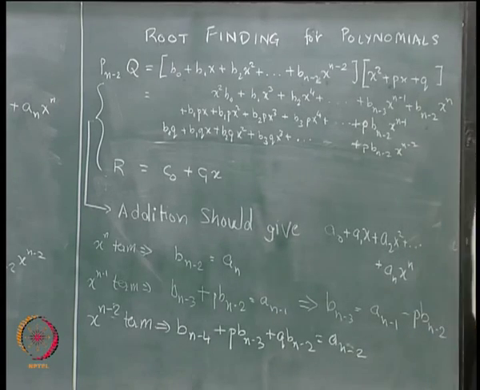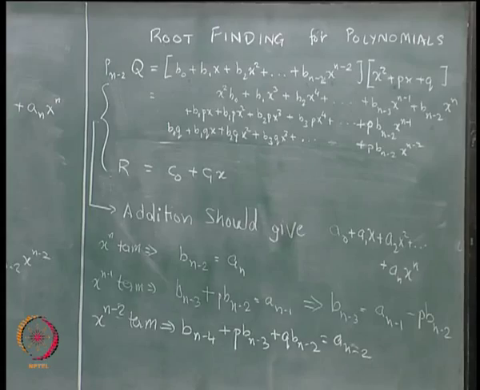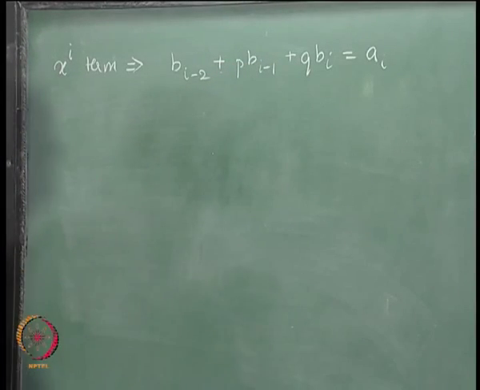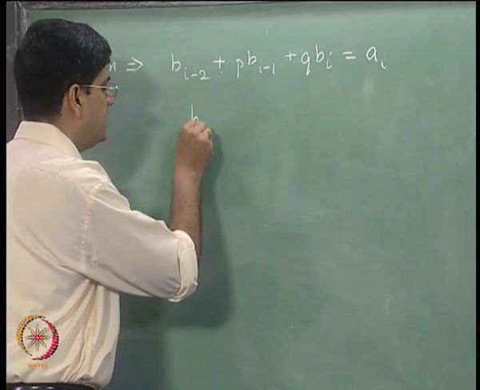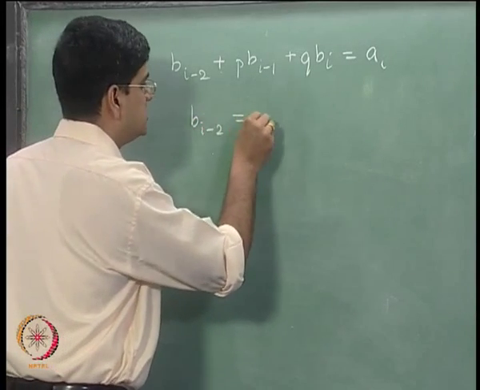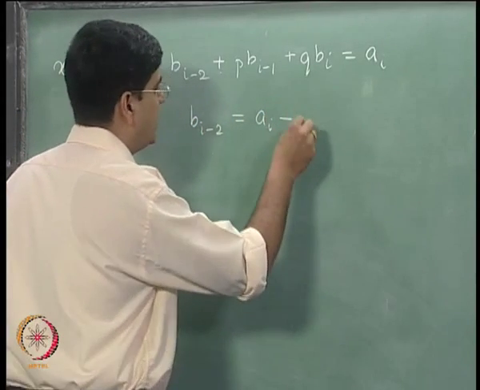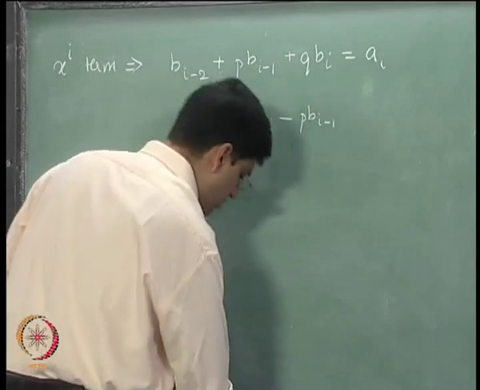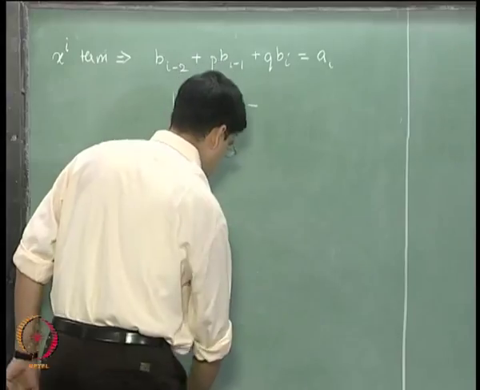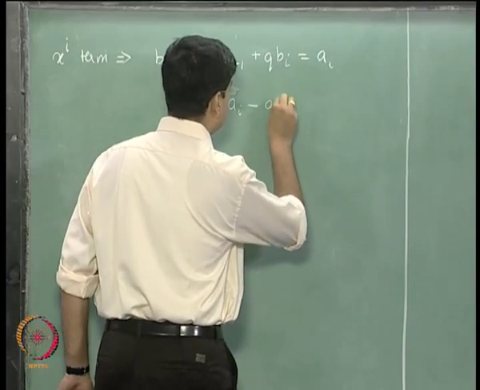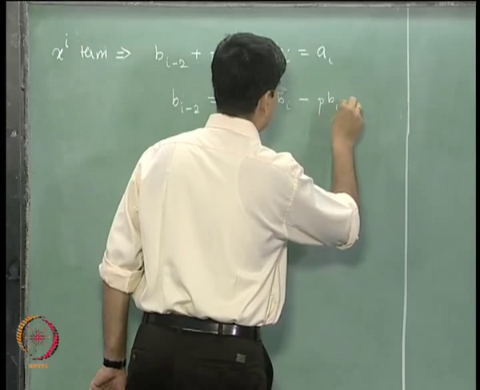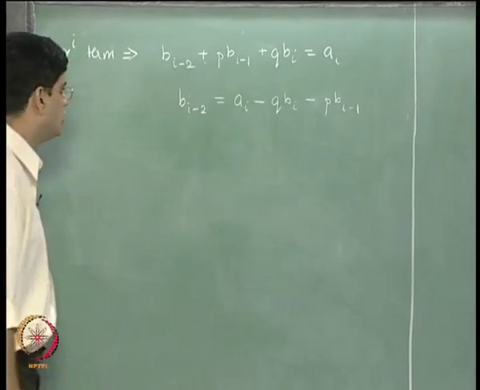At this point of time we know bi, we know bi minus 1, we will not know bi minus 2. So we will be able to write bi minus 2 is equal to ai minus p b i minus 1, or rather we will write this as ai minus q bi minus p b i minus 1.